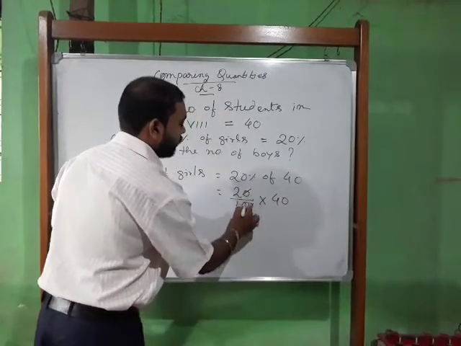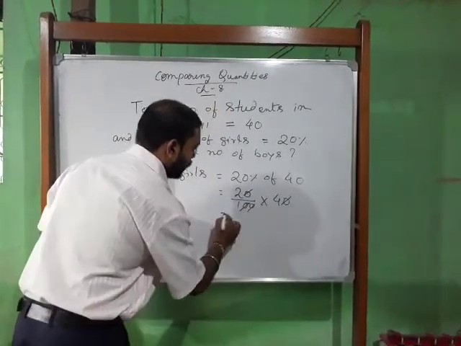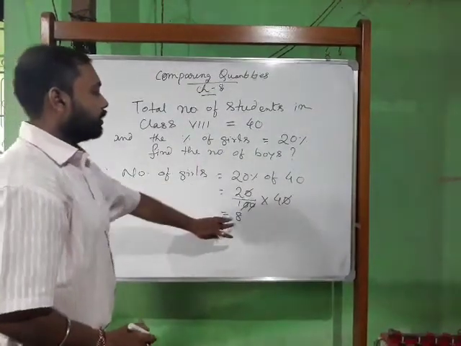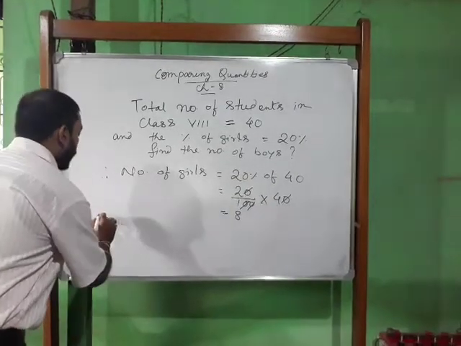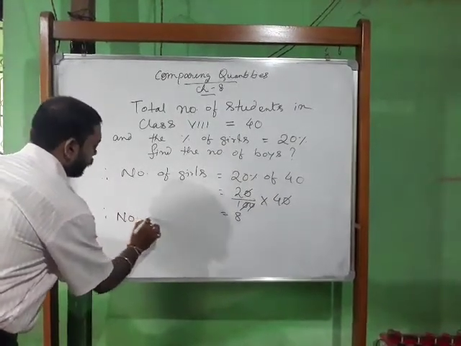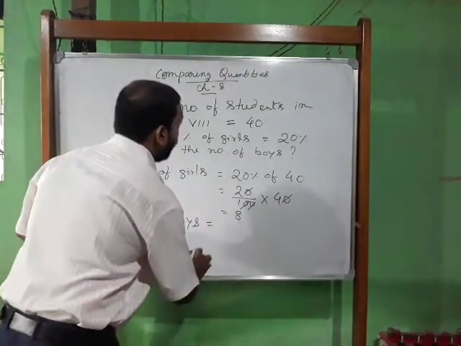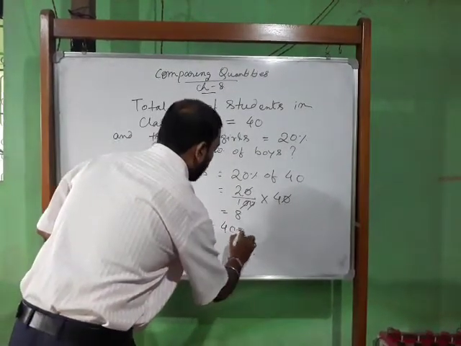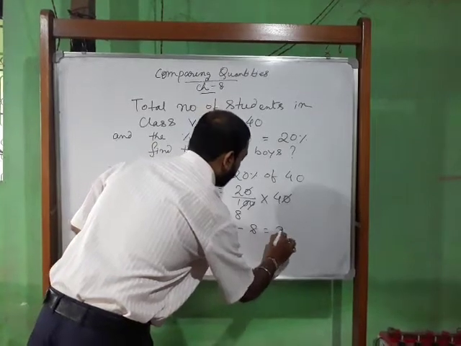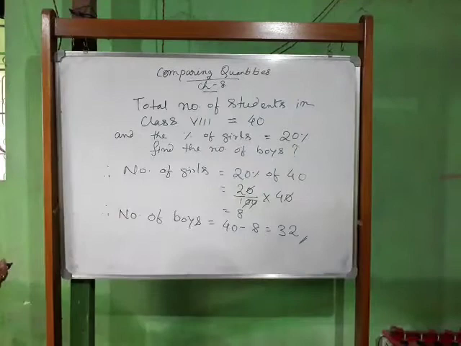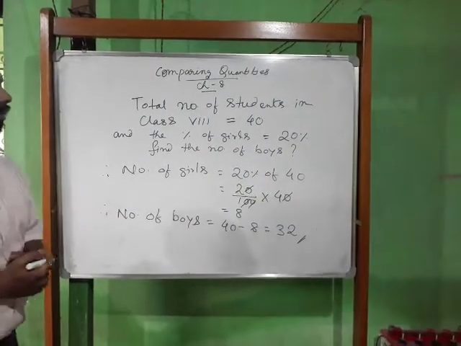So 10 cancels 10, and 10 cancels 10. So it is 8. The number of girls in class 8 is 8. So what will be the number of boys? Therefore, the number of boys is equal to 40 minus 8, that is 32. In this way we can find the number of boys.